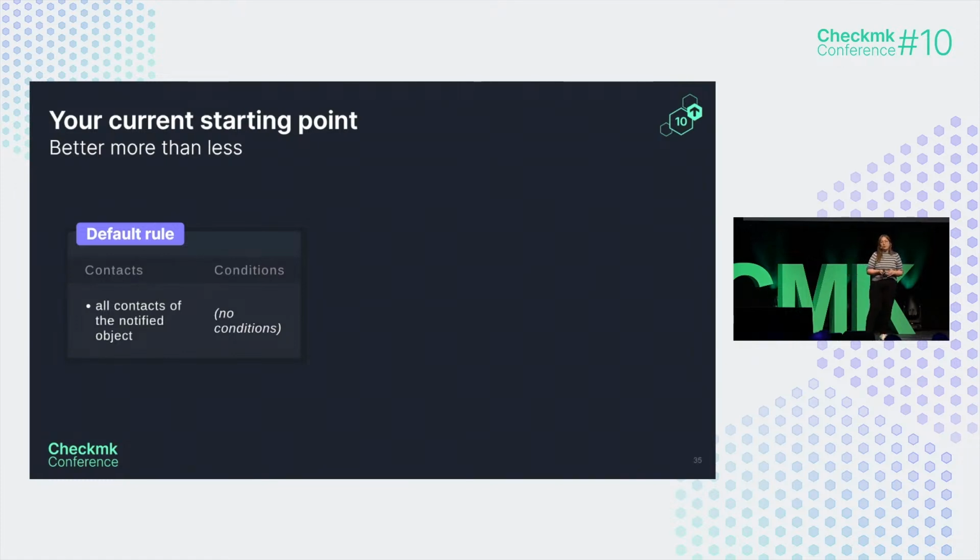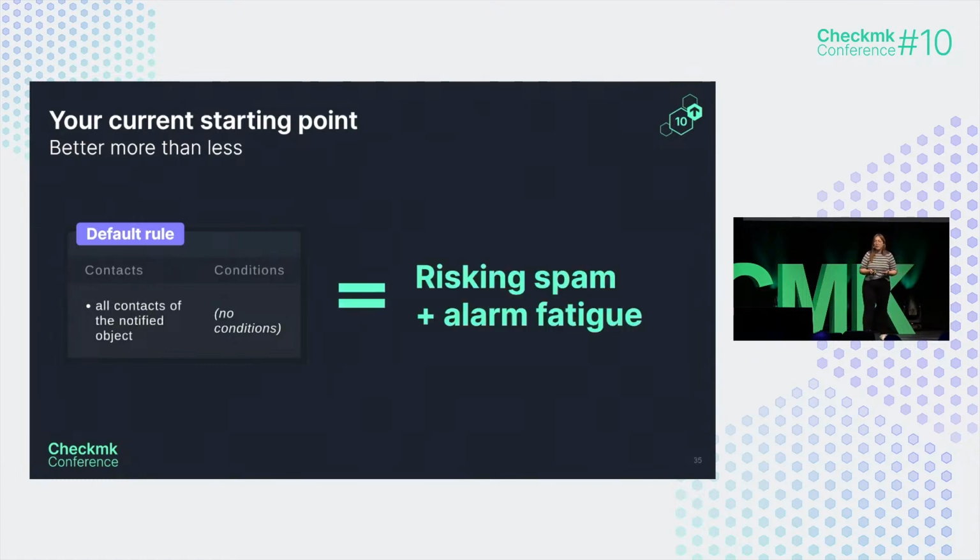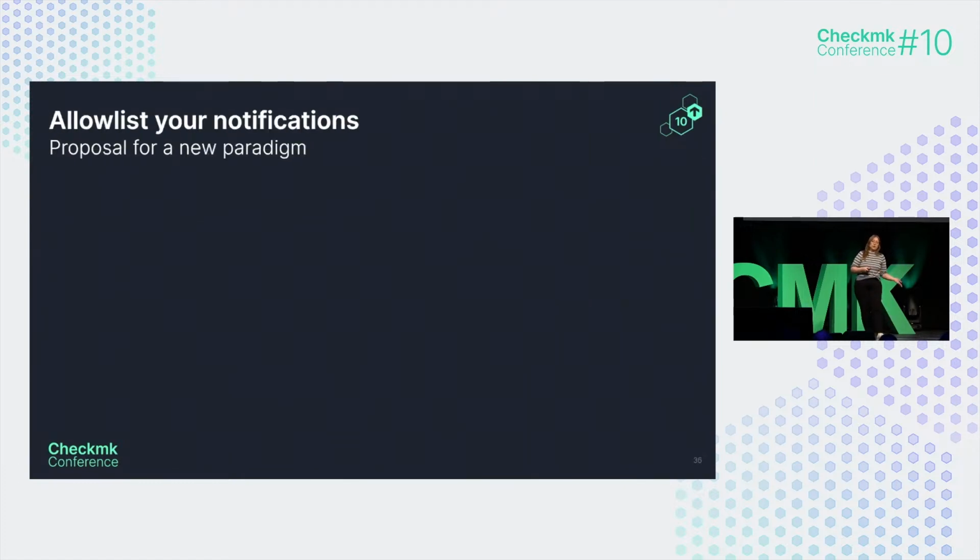This comes with a certain risk of spamming and alarm fatigue, as this is exactly the thing we want to avoid with the notification rework. It made us think about whether this block list approach is really the way to go. So what's the opposite of a block list? It's an allow list. So we kind of looked into it. What would that actually look like?